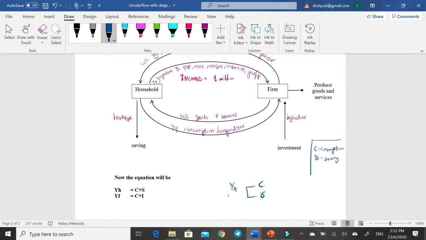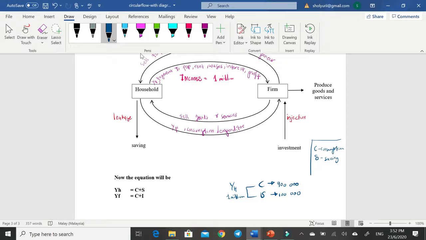So kalau income dia 1 million, dia akan terbahagi duitnya. Bukan terbahagi 2. Biasalah kalau kita dapat income, kita bukan belanja 50, simpan 50 kan. It's very impossible. Normally 90 belanja, 10% simpan. So from 1 million, consumption akan jadi 900,000. And 100,000 will go for saving.